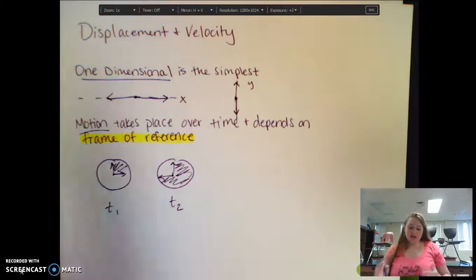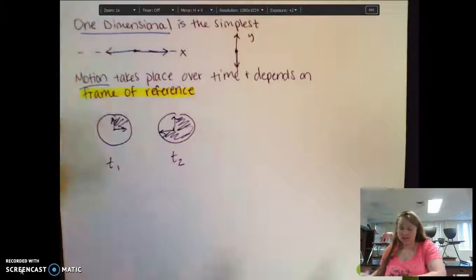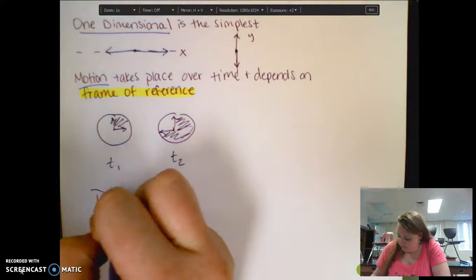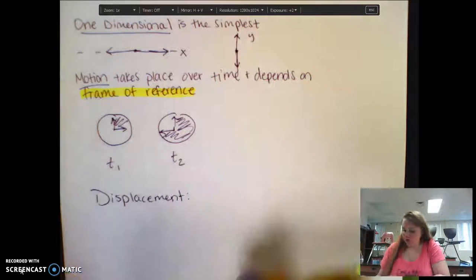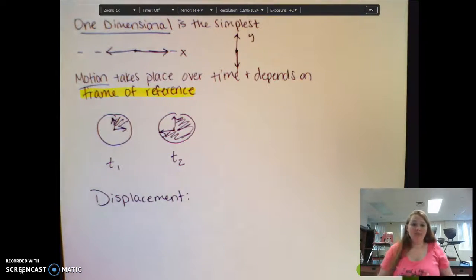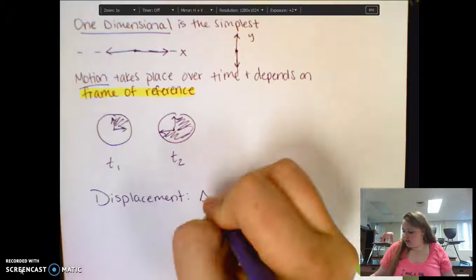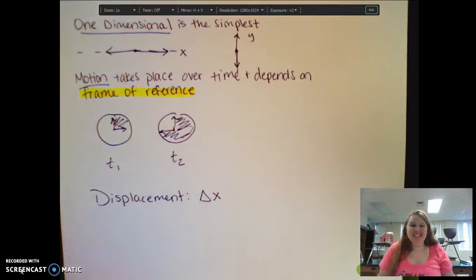Now, another key term I'm going to just dive right in and give you is displacement. I'm going to assume that you've already read your outline and you understand this definition, but displacement is a change in position. I'm going to write delta x.